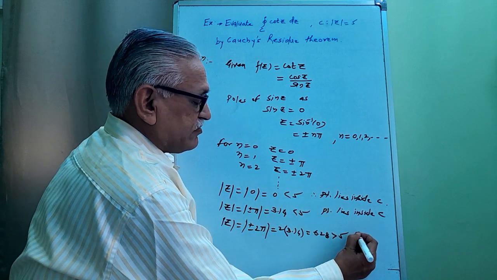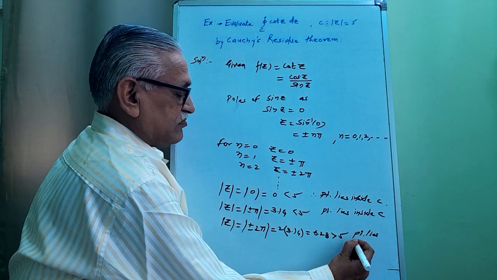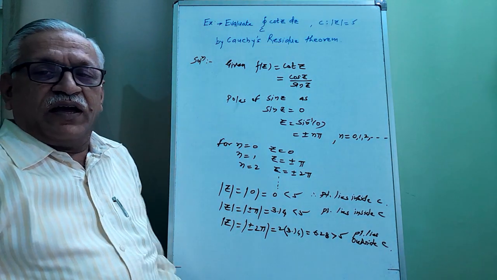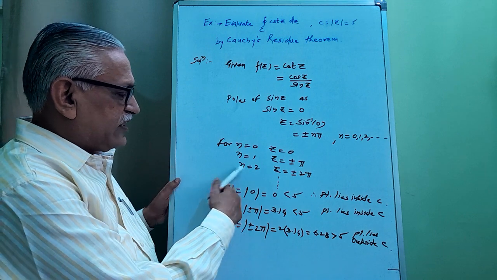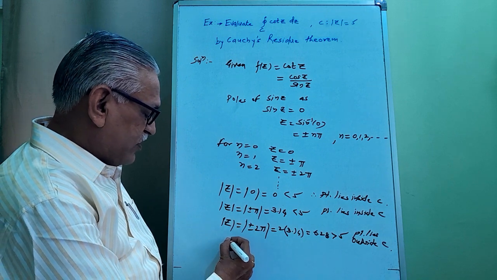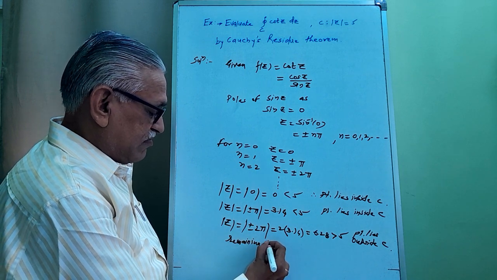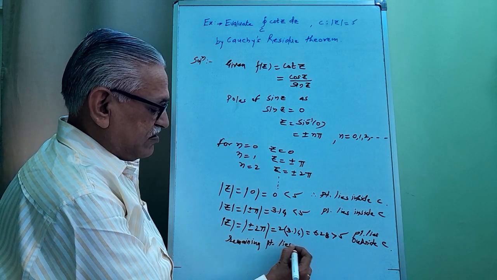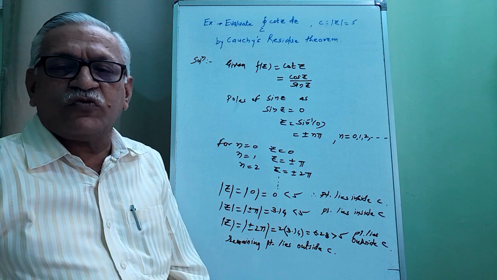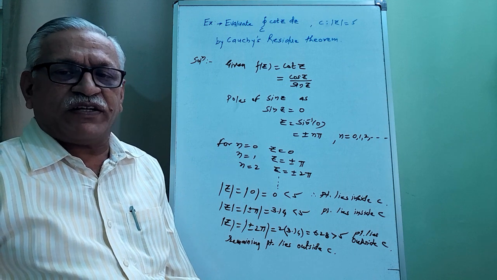Therefore, both points lie outside, and all the other points also lie outside. This means only 3 points lie inside, that is z is equal to 0, z is equal to pi and z is equal to minus pi.